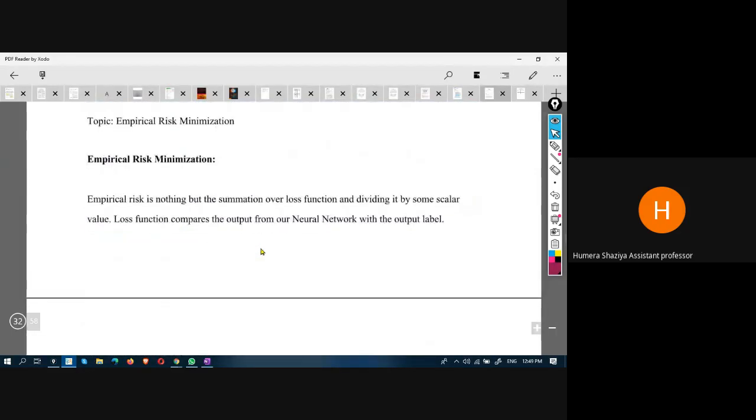All this we looked at. Okay. So empirical risk estimation. This is a topic in your unit 1.